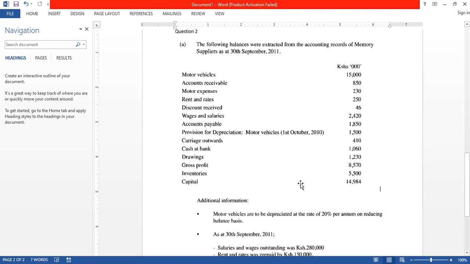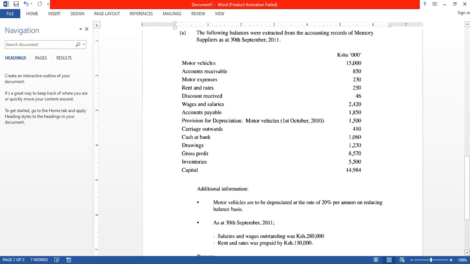As I thought, we should now be reading through the question. As at the 30th of September 2011, we are told that salaries and wages outstanding, those are accrued, have not yet been paid. When they have not yet been paid, we do two things.